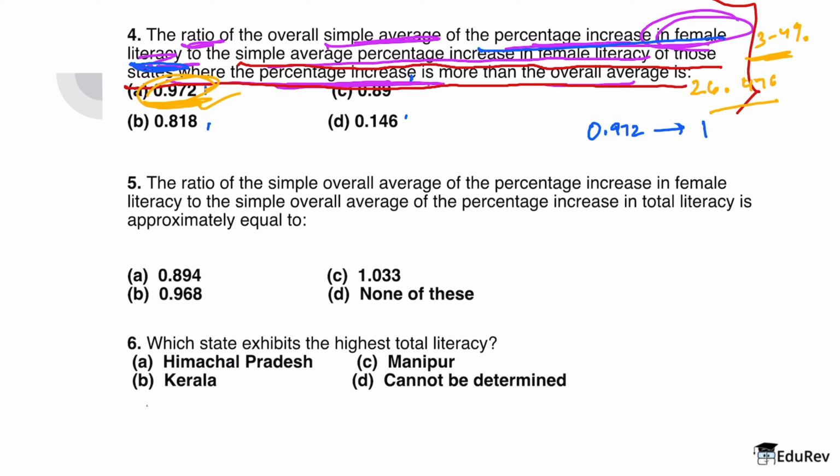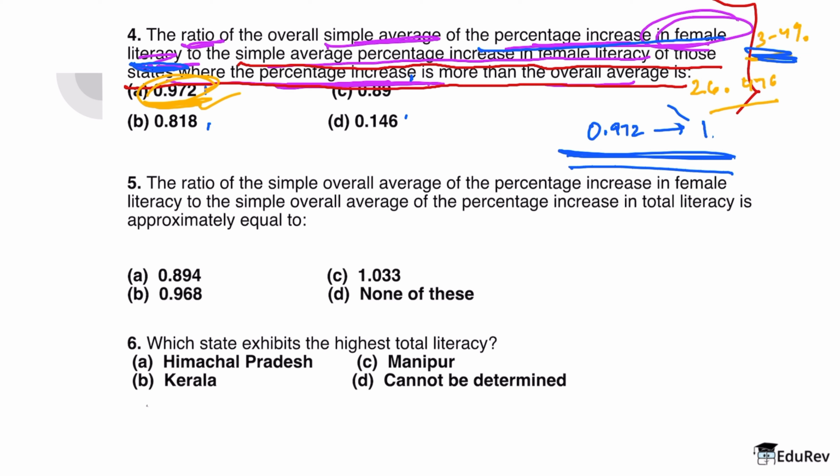I hope you know the concept of approaching. Approaching basically means that a number is approaching a certain number, but it's not actually that number. So 0.972 is approaching 1, but it is actually not 1. So we can say that 0.972 is approaching 1 and is approximately a 3 to 4% increase, which I already told you.